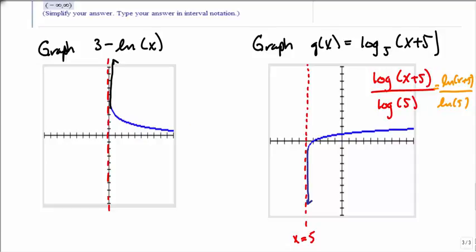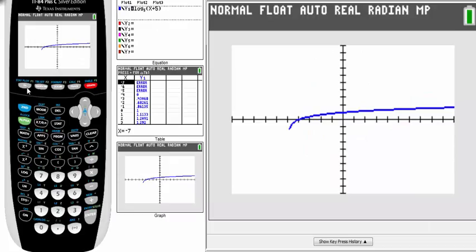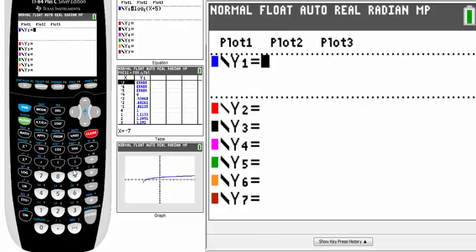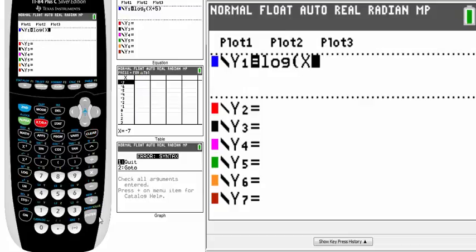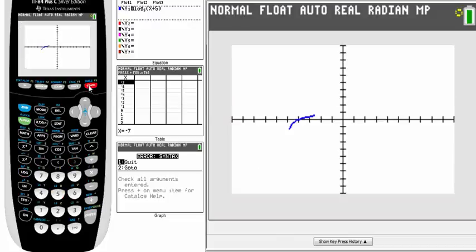So let's go ahead and pop back into your calculators. If you don't have the log key, this is how you would graph. You would just graph log of x plus 5, make sure you close parentheses and divide over log of 5. Okay, and that's identical to the graph that we just had.